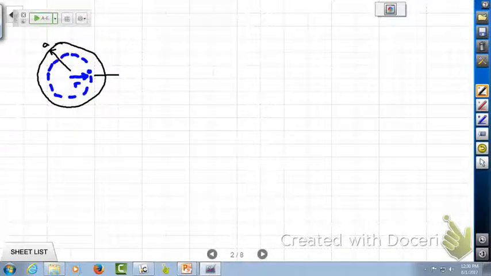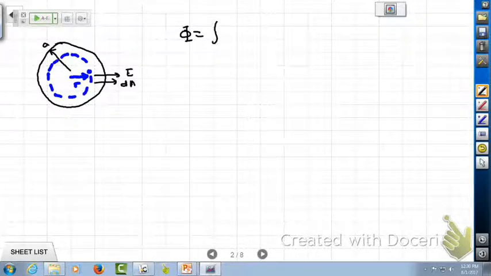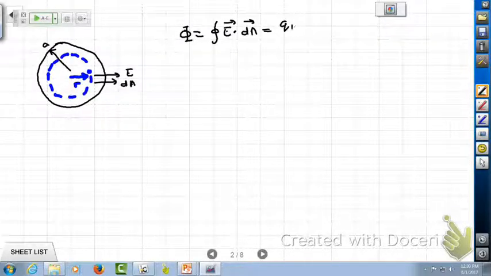So again, I have my E here, and I have my dA. And I say, well, okay, my flux is equal to the surface integral of E dotted with dA, which equals the Q inside over epsilon naught.